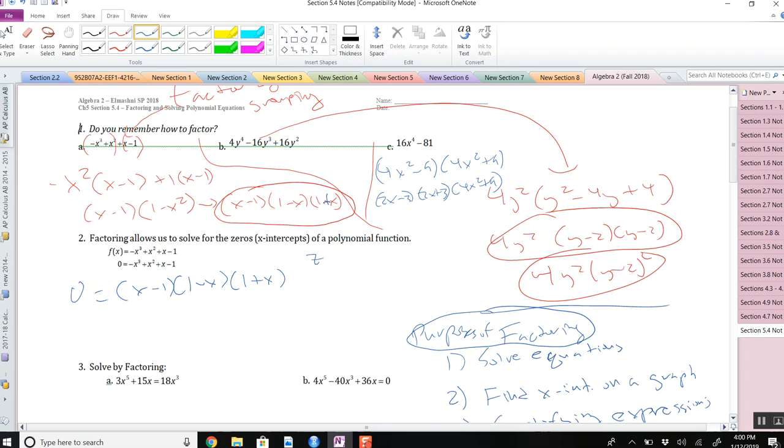So this is called the zero product property, which basically means anything times 0 equals 0. This helps to solve equations by factoring. That's why we have it.